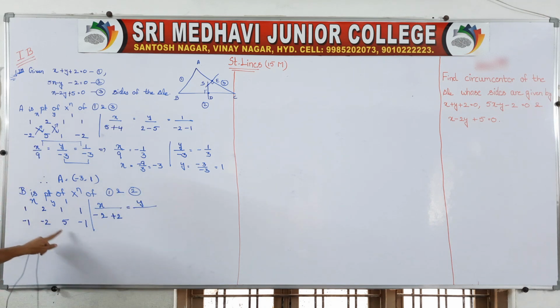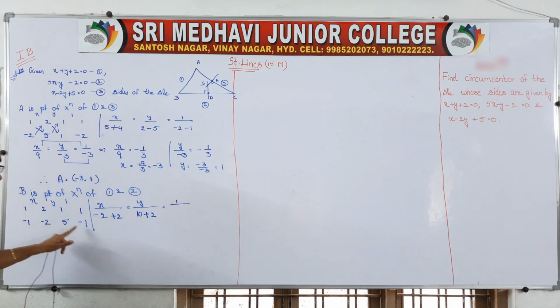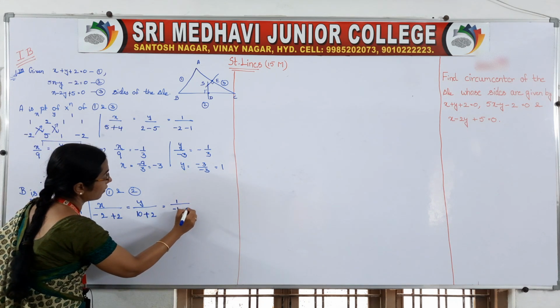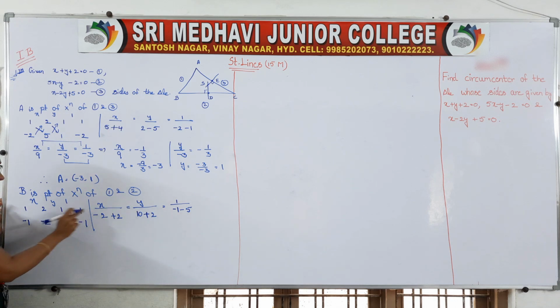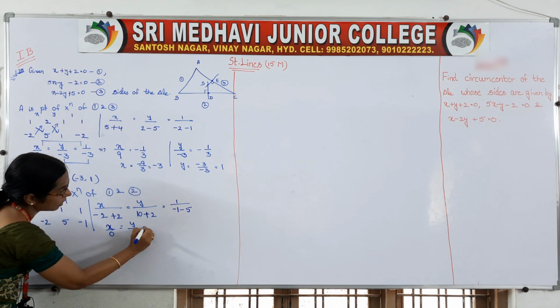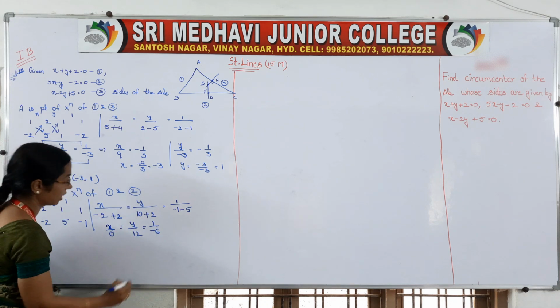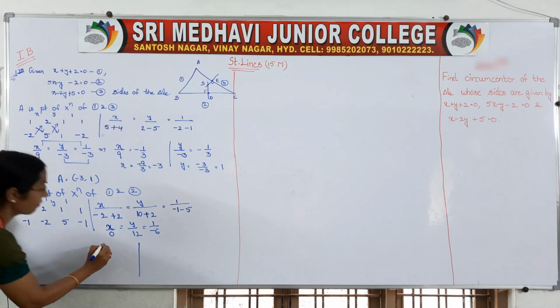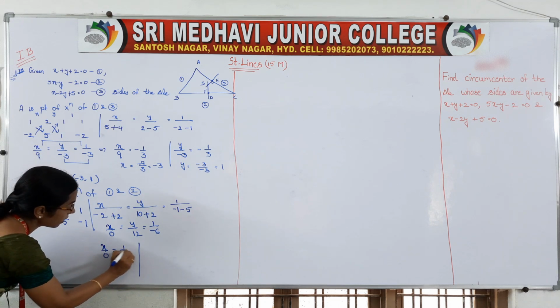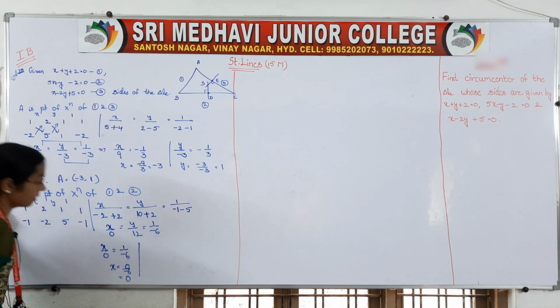Next, y by, it is 10, 2 fives are 10, minus of minus 2. Then 1 by minus 1 minus 5. So it is x by 0, y by 12, 1 by minus 6. Once you take these two, you will get your x and y values. X by 0 equals 1 by minus 6, so x is 0, since 0 divided by anything is 0.